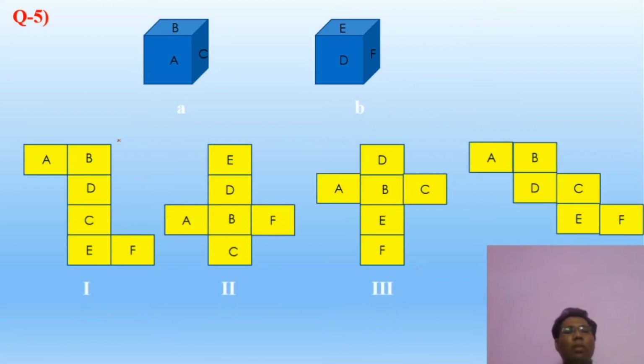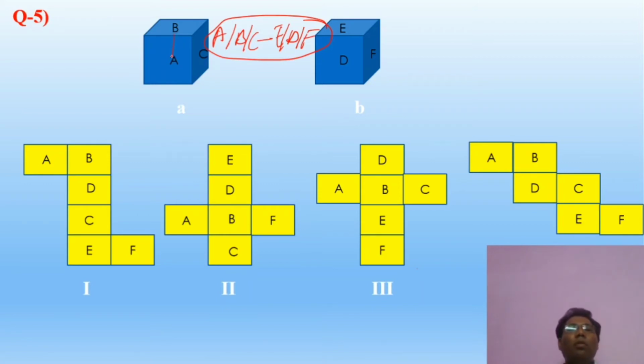This is similar to the previous one. Two figures are there, and here no common is there. If numbers are there, we can apply the standard and generalized concept, but here letters are there. So A, B, C, E, D, F. Opposite to A, B, C is D, F. We know these three are adjacent to each other.